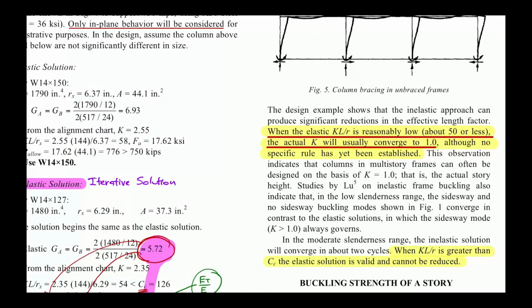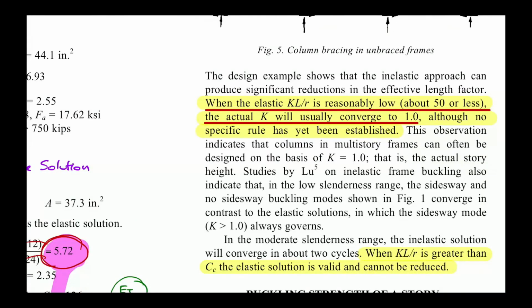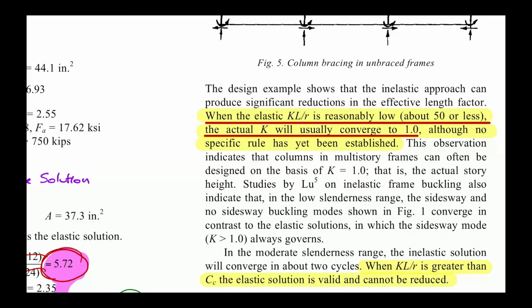Okay, so let's look through this together. The design example shows that the inelastic approach can produce significant reductions in the effective length factor. When the elastic KL over R is reasonably low, about 50 or less, the actual K usually converges to 1.0.